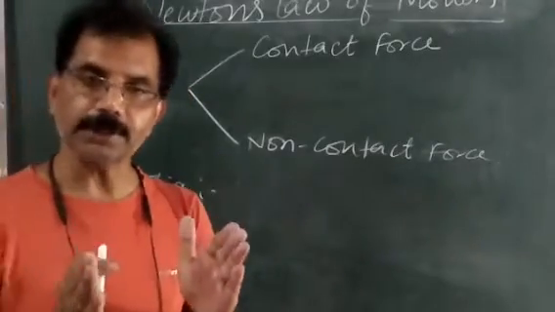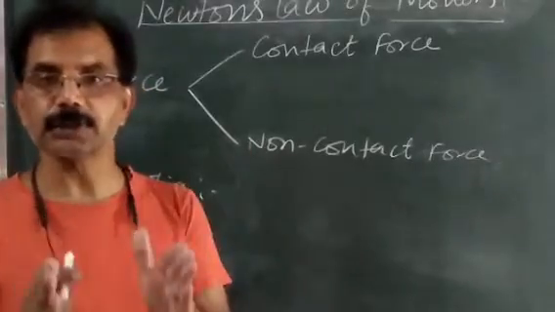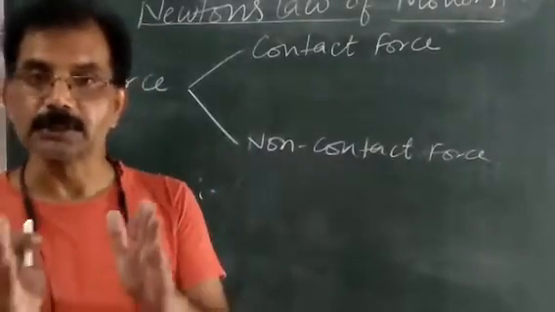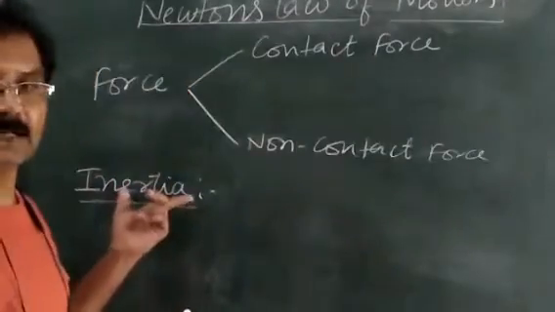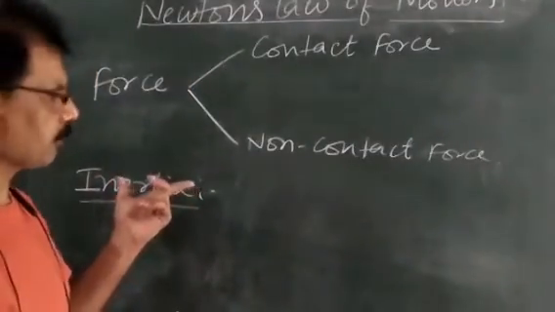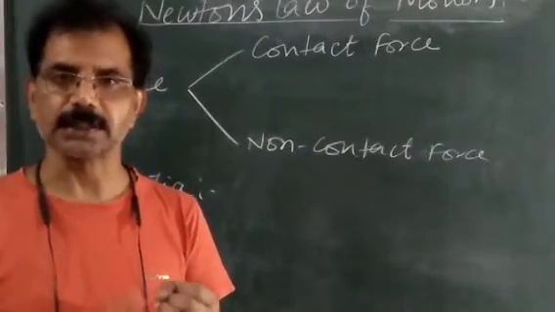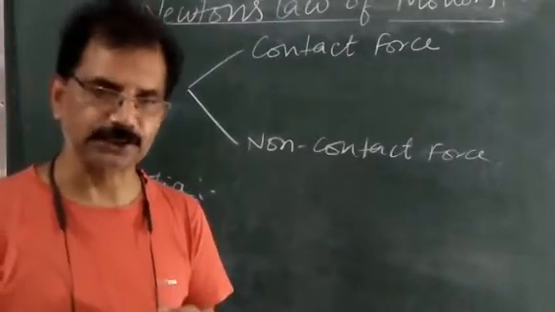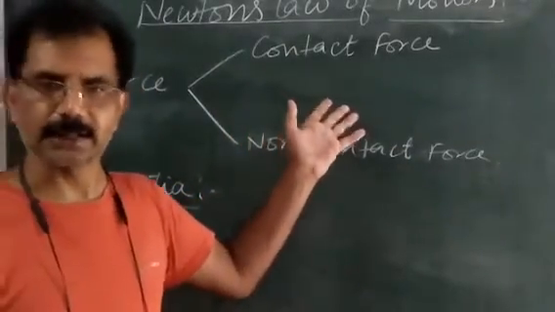If the body is at rest, then it will remain at rest, or if the body is in motion, then it will remain in motion. This inherent property is developed in the body due to inertia. So all of you know about inertia, and also inertia of rest, inertia of motion, inertia of direction. All these topics you have already studied in class 9th or 10th.